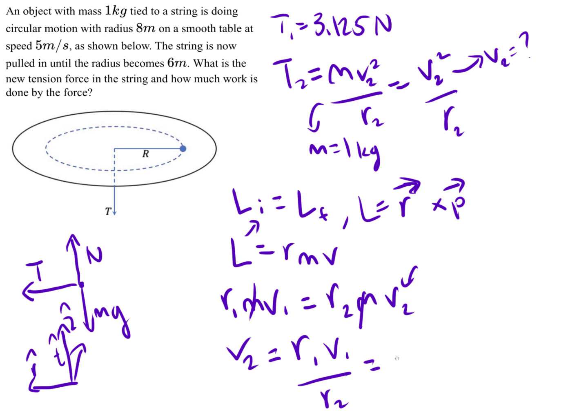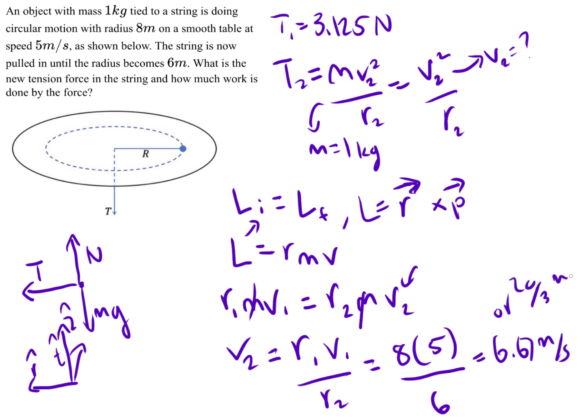So the initial radius is 8 meters. Initial velocity is 5 meters per second, and we're going to divide that by the new radius of 6 meters. And this should give you about 6.67 meters per second, or 20 over 3 meters per second.